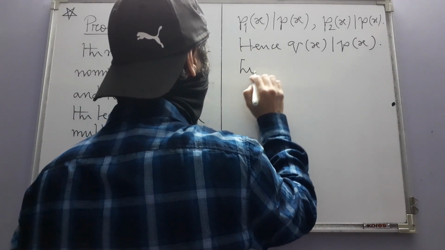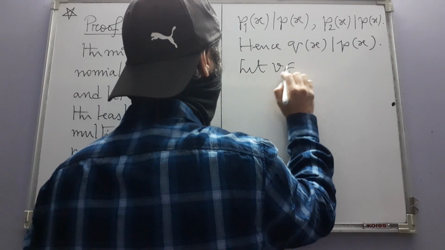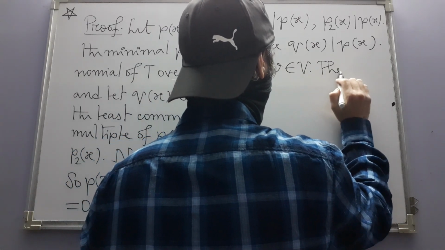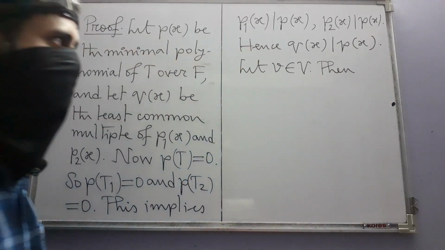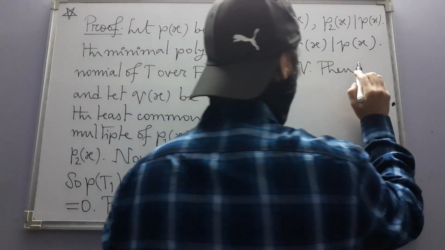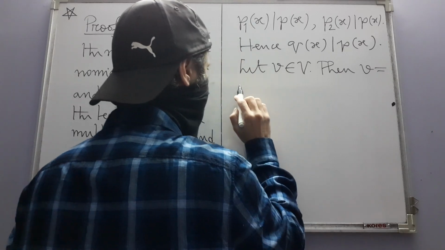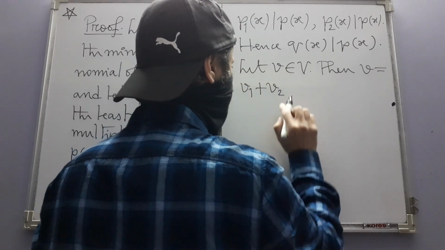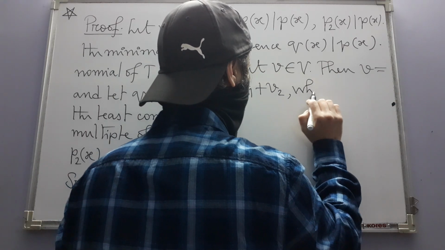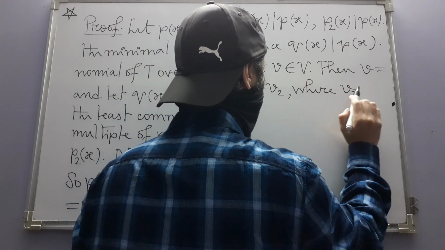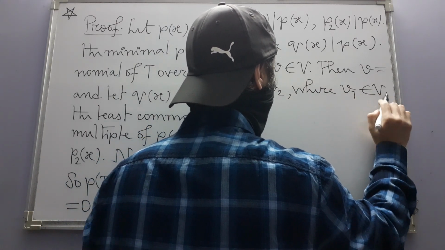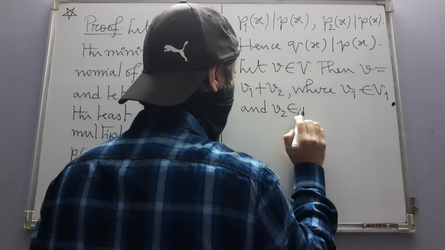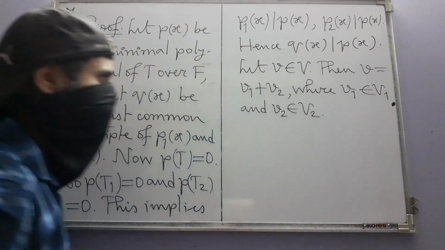So let v be any element in V. Then, because V is the direct sum of the subspaces V1 and V2, our vector v is a sum like this, where v1 is coming from V1 and v2 is coming from V2.